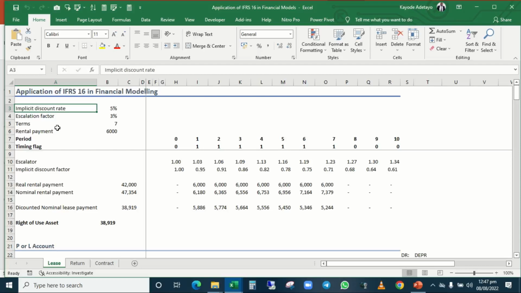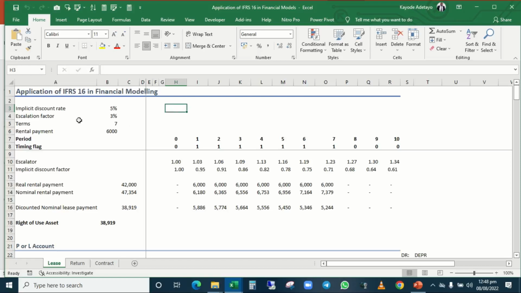That gives you the value of the asset in a lease, which also connotes the lease liability. So you are debiting the right of use asset and crediting the lease liability. When payments are made on a monthly or instalment basis, the lease liability is reduced until the end of the lease term, when it turns to zero.